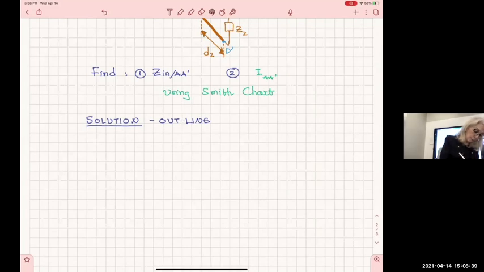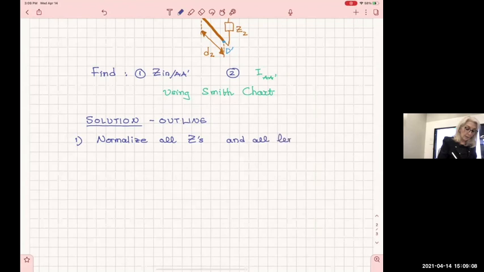What I need to remember, number one, to use the Smith chart, we have to normalize impedances, all Z's, and normalize all lengths.